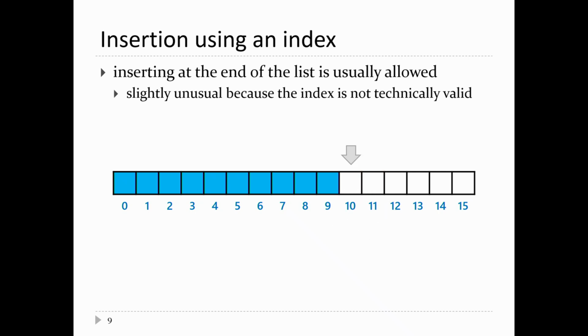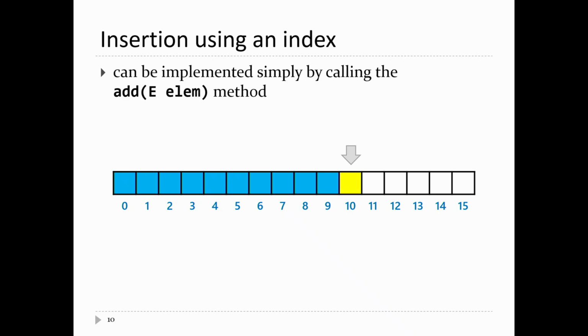So index 10 is not valid for the list containing those elements, but Java's add method allows this to happen, and it simply interprets that as adding to the end of the list. To add at the end of the list, that's easy. We're just going to call the other version of add, the version where you only specify an element, which always adds at the end of the list.